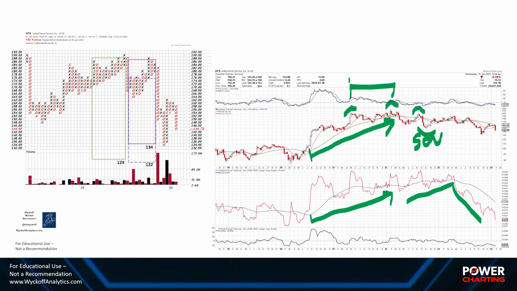Let's count this area right here, and it counts down to 124, and we have not quite achieved that yet, but here's a redistribution count, and this count takes us across to the breakdown area, and it counts to 134 to 122. 3-box reversal, longer term point and figure chart with a 2-point scaling.